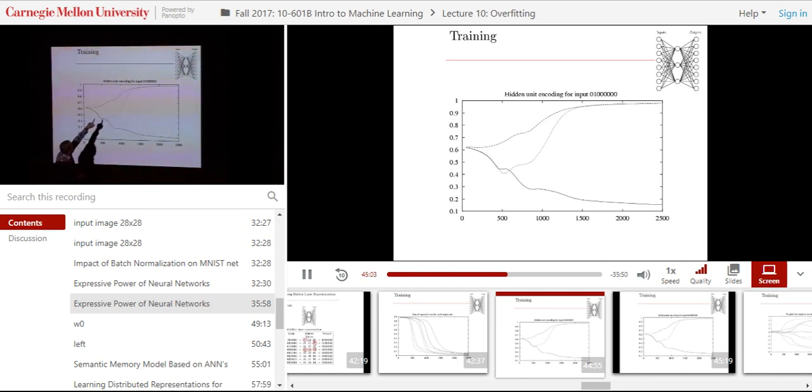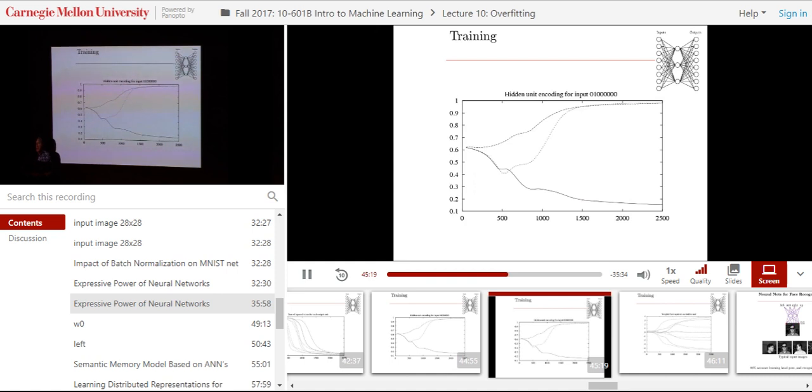So here's showing the 3 hidden unit values, for example, after 500 training iterations. When I input this training example, here are the 3 values of the hidden unit activations.